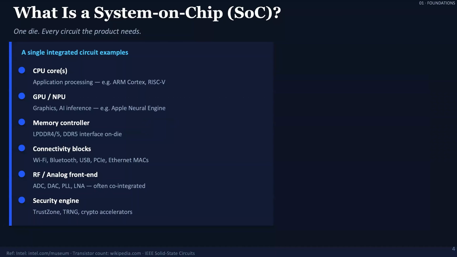So let's start with a simple question. What is a system on a chip, or SoC? When we use a smartphone, we usually think about the apps or the software. But underneath the software is a remarkable amount of hardware integration. At the heart of most modern devices is a system on a chip, or SoC, which brings many of the core functions of a system into a single integrated circuit.